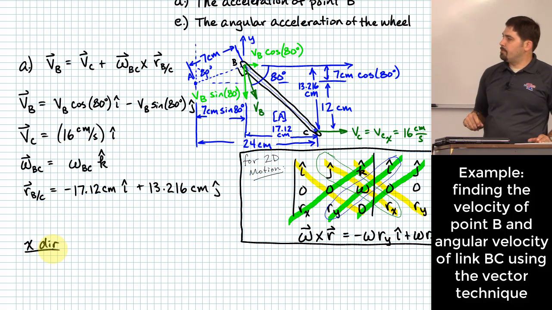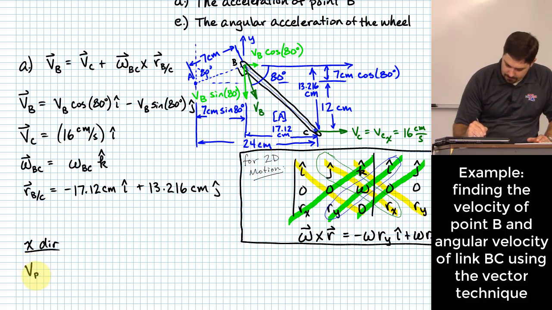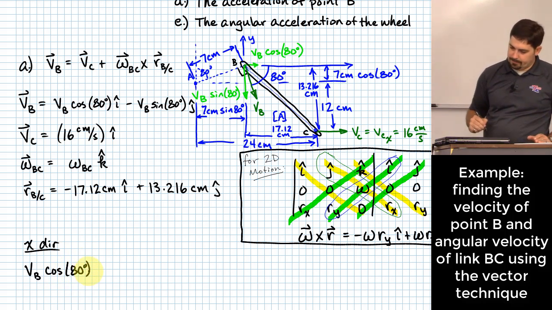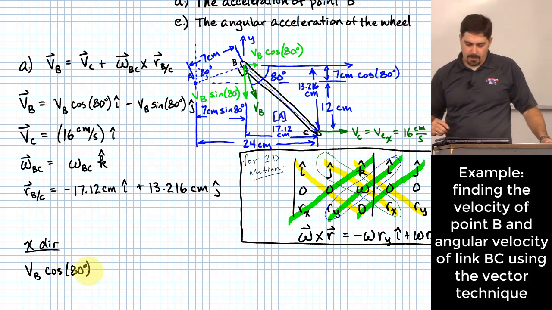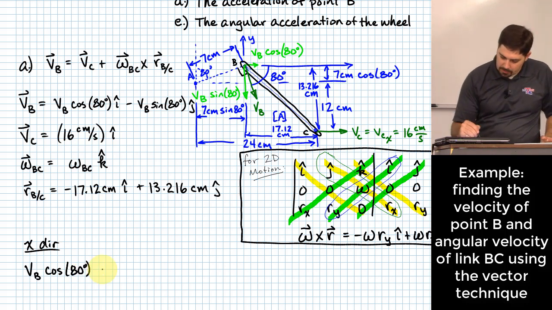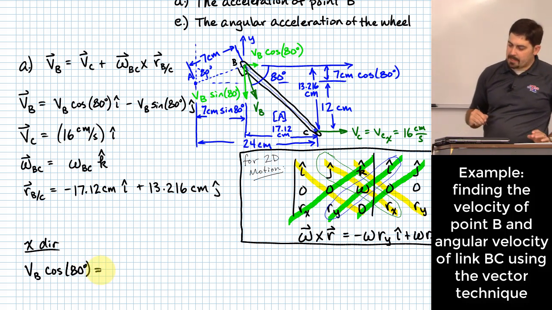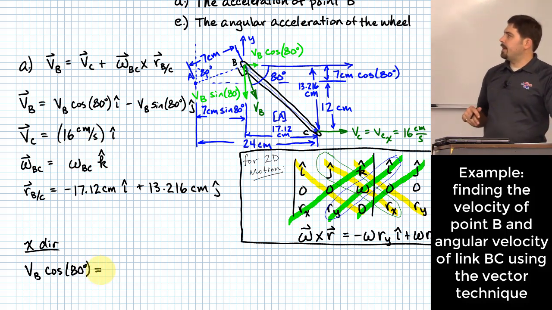All right, it's just going to be VB times the cosine of 80 degrees. All right, that's going to be equal to, what is my x component of VC? Just 16 centimeters per second, right?